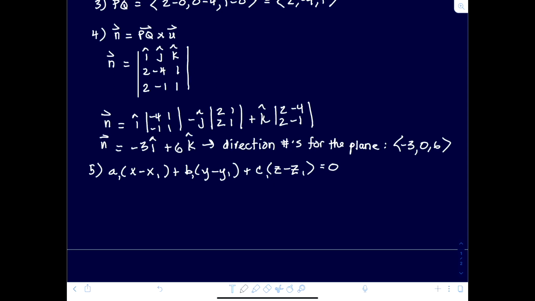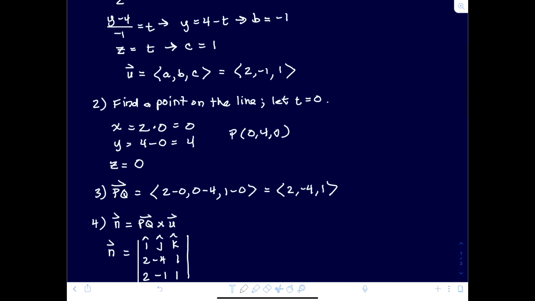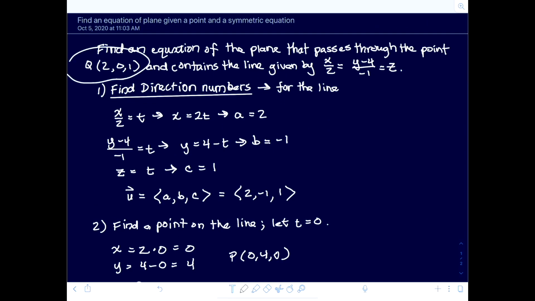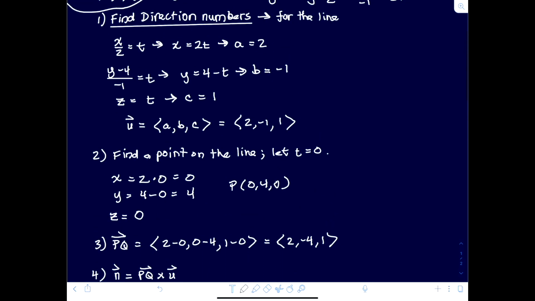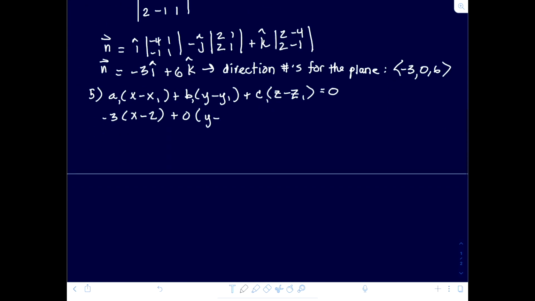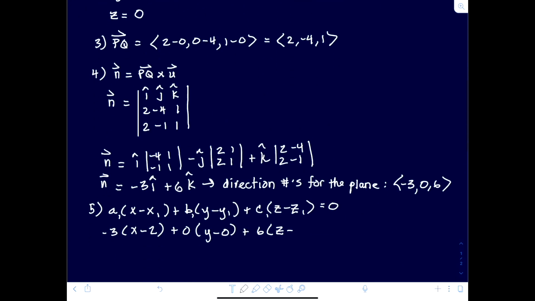And so we would end up having -3 times (x minus, now remember our x1, y1, z1 are going to be from the original Q that was given, (2, 0, 1)), so x minus 2, and then 0 times (y minus 0), we can plug it in just for continuity's sake, and then plus 6 times (z minus 1).